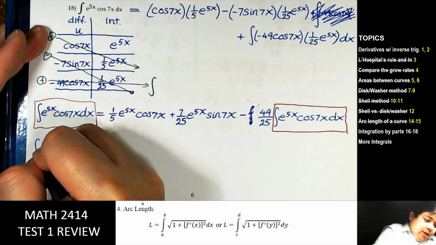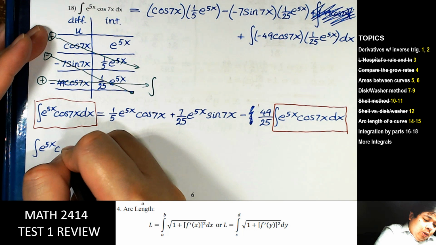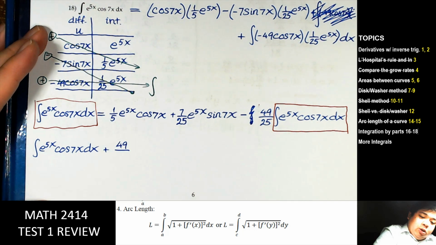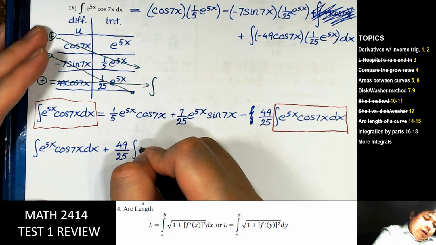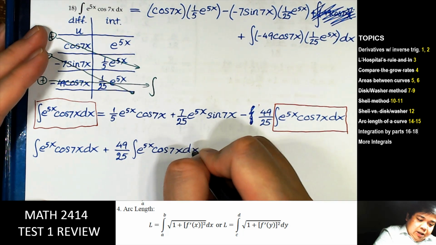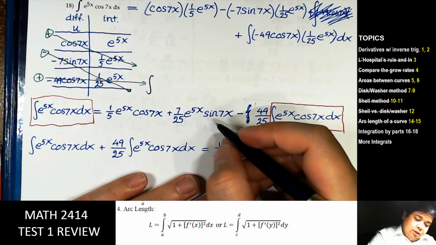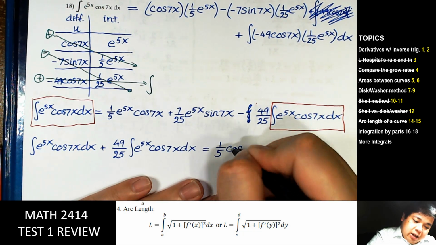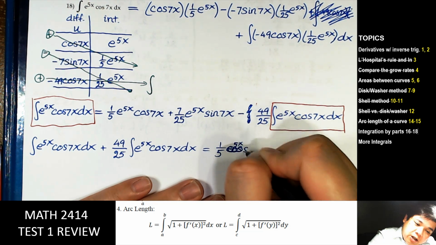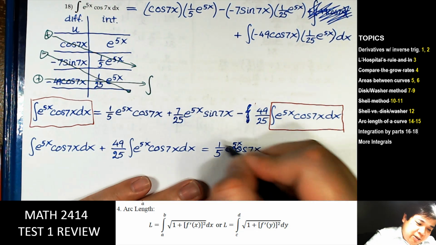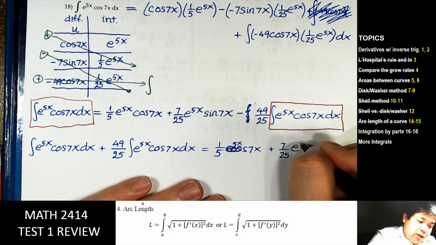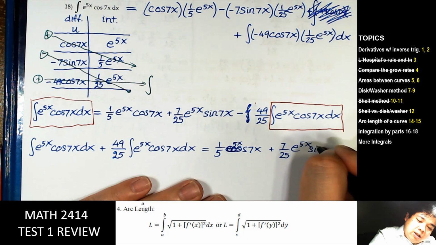So we have e to the 5x cosine 7x dx plus 49 over 25 e to the 5x cosine 7x dx equal to 1/5 e to the 5x cosine of 7x, I forgot the e, that term, plus 7 over 25 e to the 5x sine of 7x.